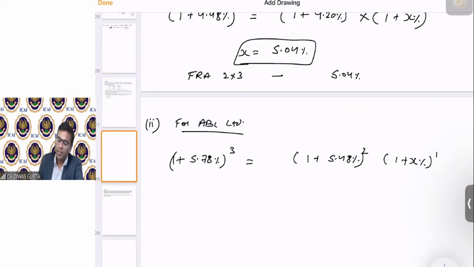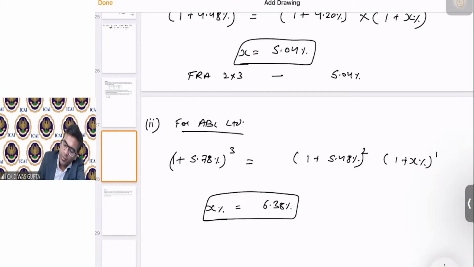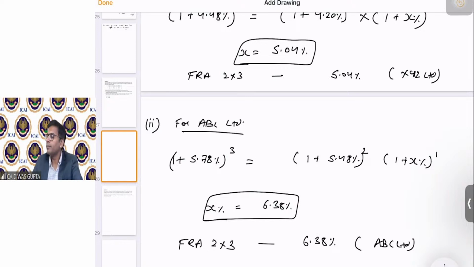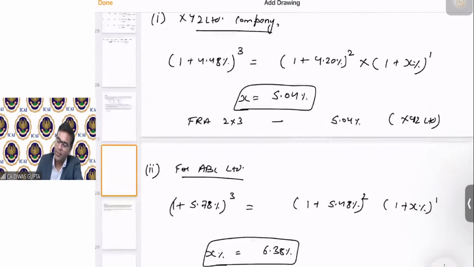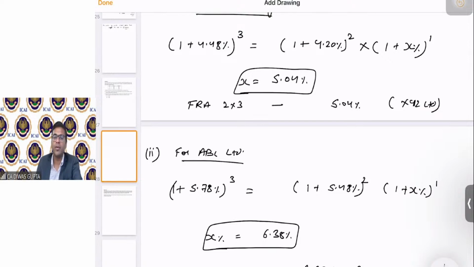So this becomes this much, then x percentage is equal to 6.38 percentage. So FRA 2 by 3 will be quoted as 6.38 percentage. This is for ABC Limited. Okay, and this was for XYZ Limited. Okay, now I hope this is clear. I'll just be pausing here for 15-20 seconds.